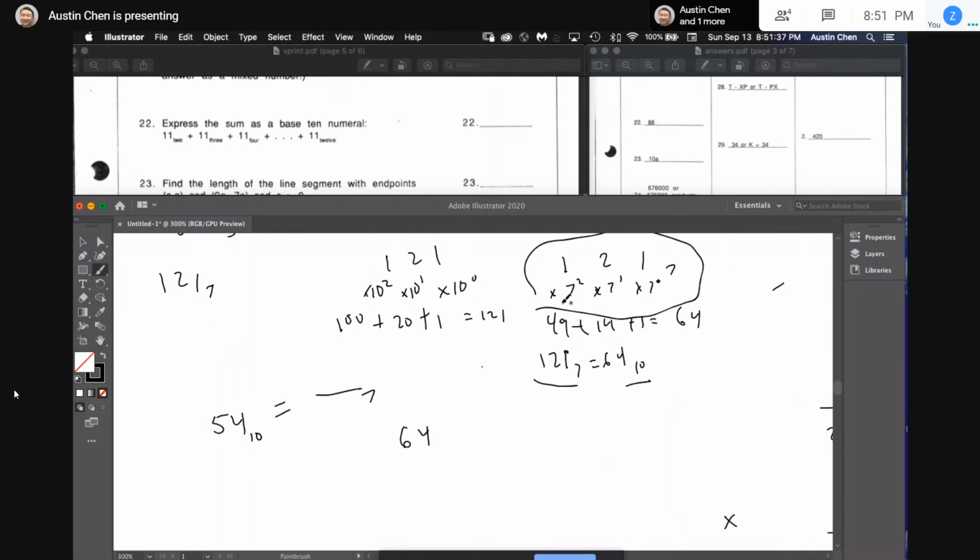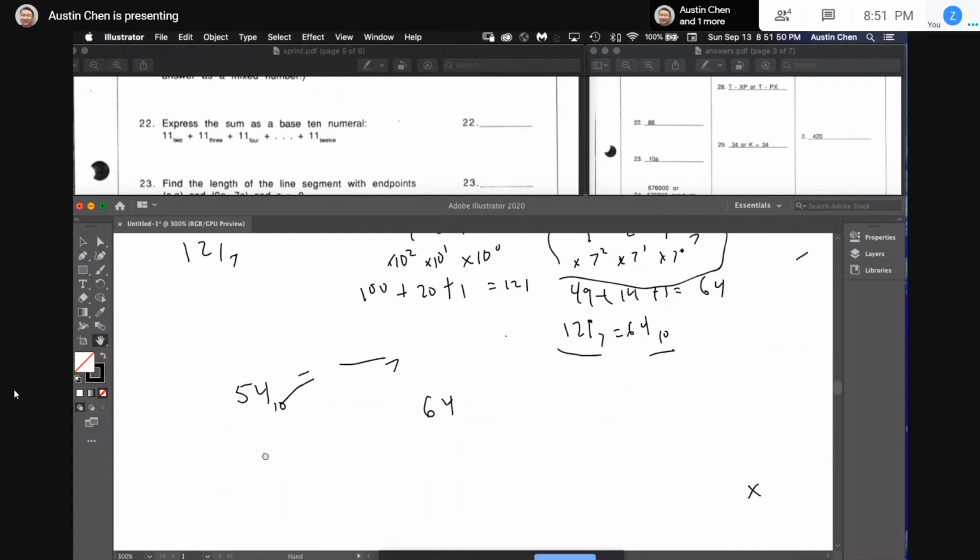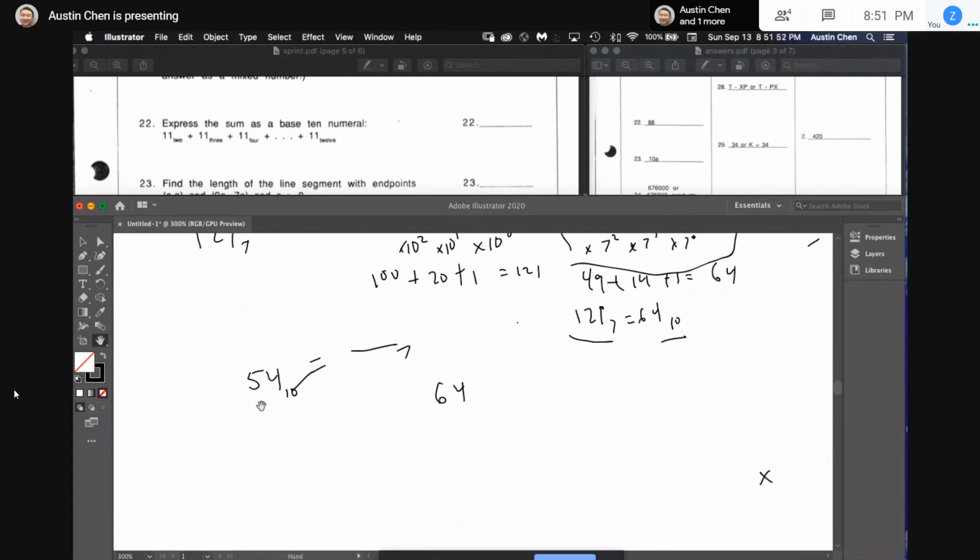So we're looking at powers of 7 that go into this, and the number of them is how many we write down. We try the biggest power of 7 that goes into this, which would be 49, right? The next power of 7 would be way too big.